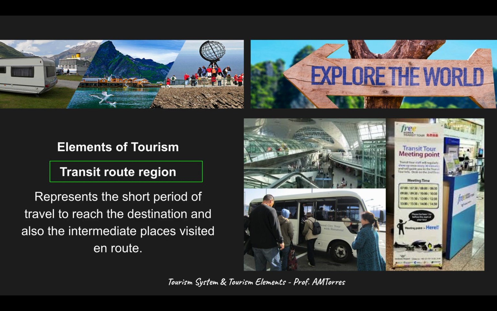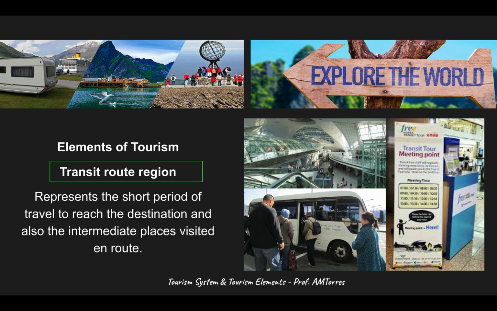Okay. And another thing that we've seen is the transit route region. As I've said, this transit route region is the space in between the generating region and the destination. It represents the short period of travel to reach the destination and also the intermediate places visited en route. As I've said, this transit route region can be an opportunity for business.